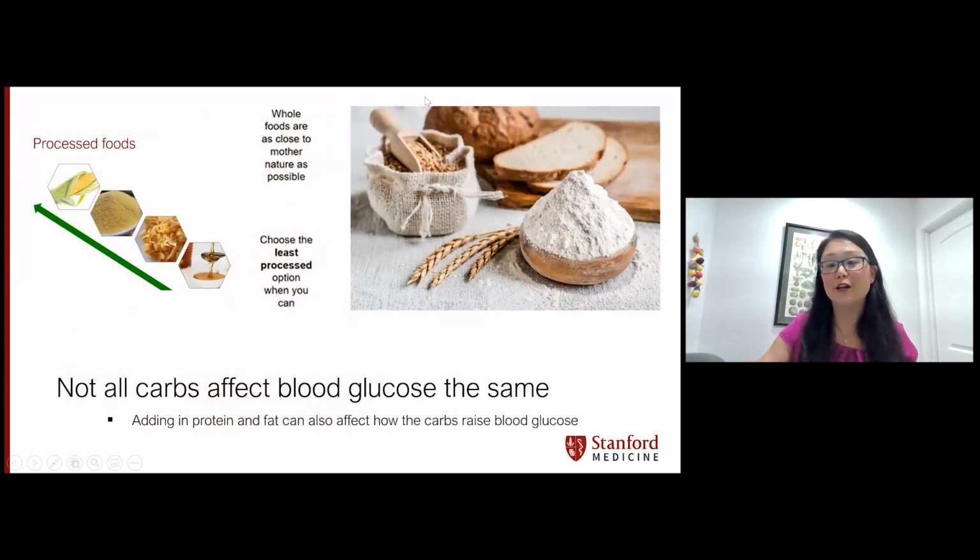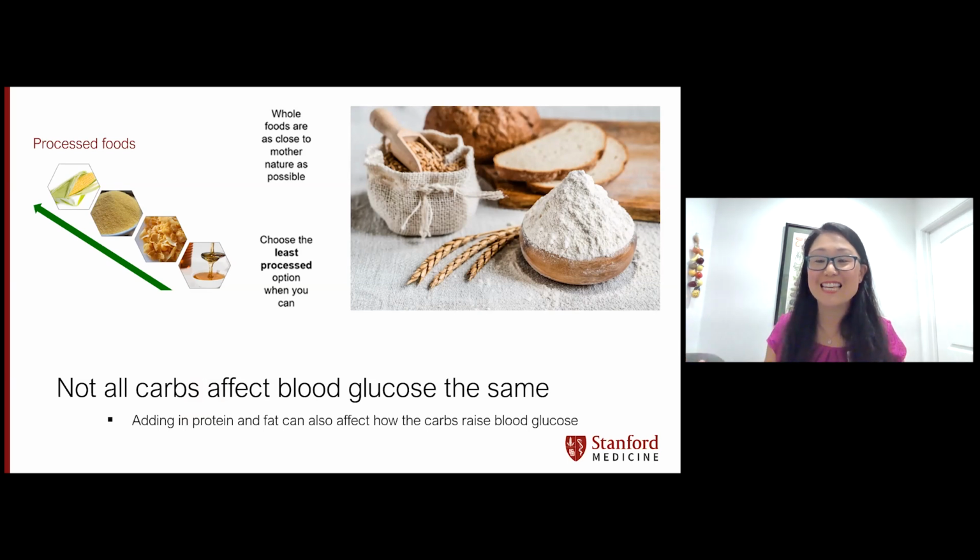So to go back a little bit more around the rice and the rice noodle example, one of the ways to think about how a blood sugar is going to react in your body to a carbohydrate is thinking about how processed the food is. If the food is very processed, like in this example, high fructose corn syrup, that's going to raise your blood sugar higher faster.